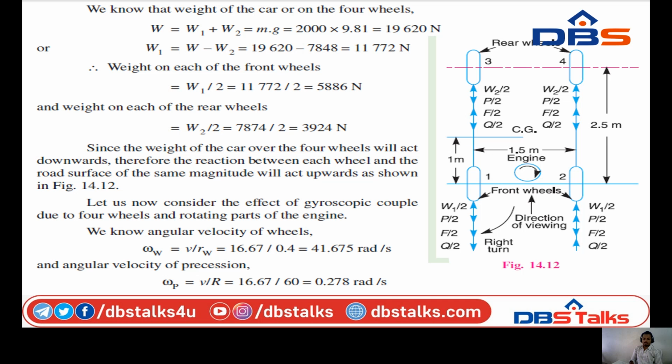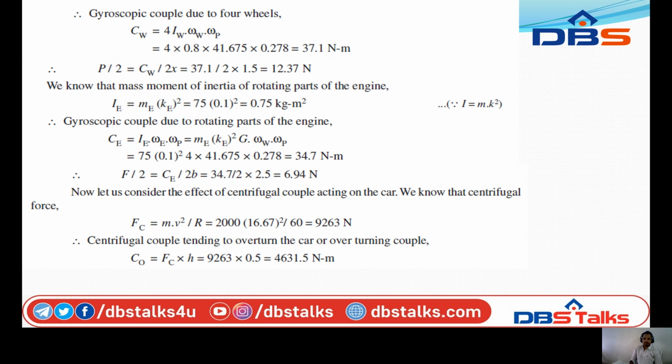So the gyroscopic couple due to 4 wheels is CW equal to I omega omega p into 4. The number of wheels is 4, so CW is equal to 37.1.